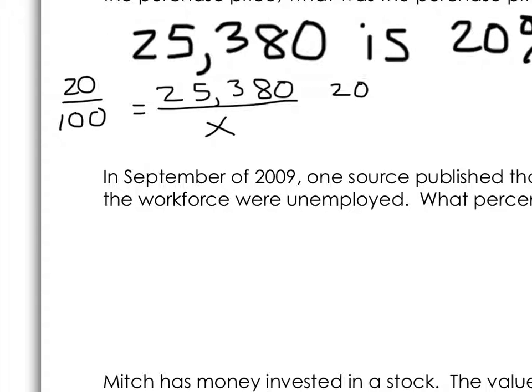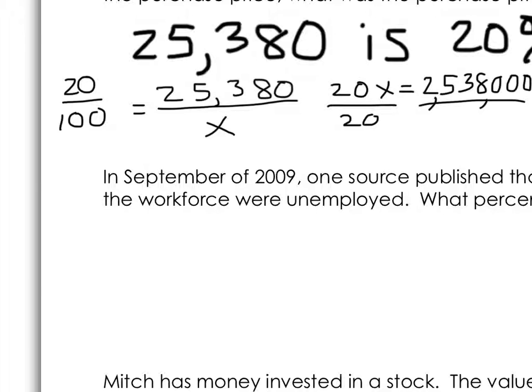And if I cross multiply, I get 20x equals 2,538,000 if I multiply by 100. So that is 2,538,000. We're going to divide by 20 though. We don't want to spend that much on the house.